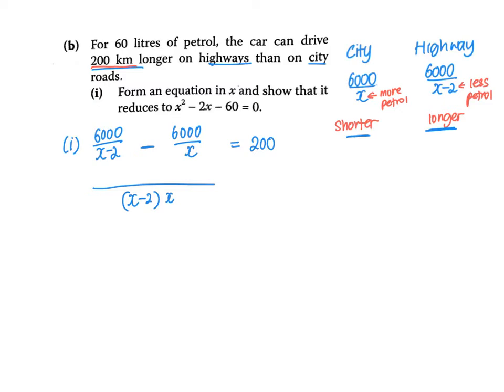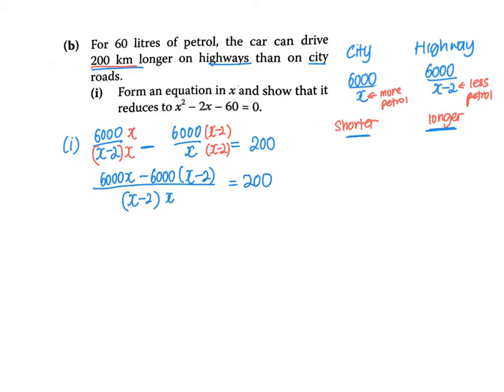Multiply by x over here, and multiply by x minus 2 over here. Be careful of the negative sign. So we'll have 6,000x minus 6,000 times x minus 2 gives you 200.